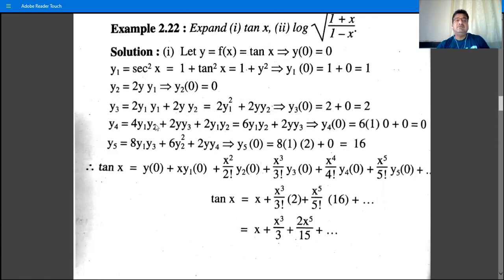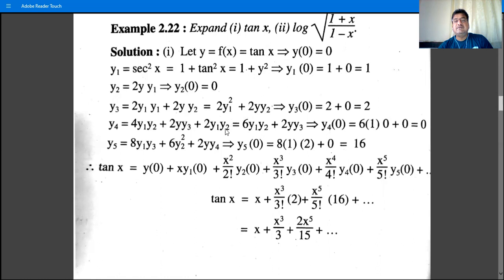Similarly, y4 is what? The derivative of this quantity is 4 y1 y2, since 2 into the derivative of y1 is y2. The derivative of x square is 2x, but it is y1 square, so its derivative is 2 y1 into the derivative of y1, which is y2. Then by the u into v rule, 2 as it is, y3, u into the derivative of v plus v into the derivative of u, y1 y2, plus 6.